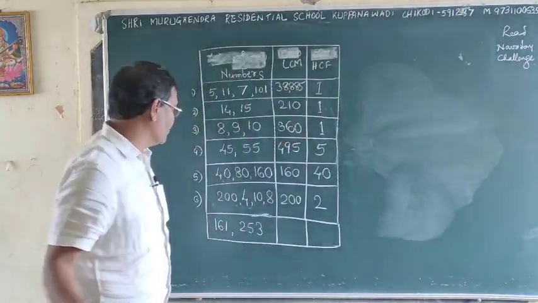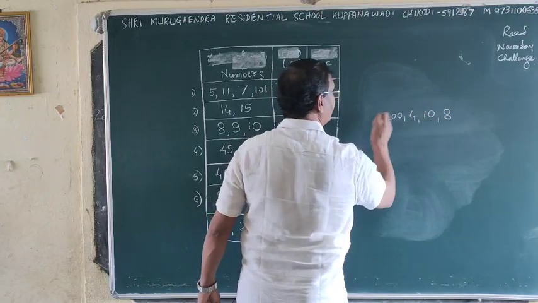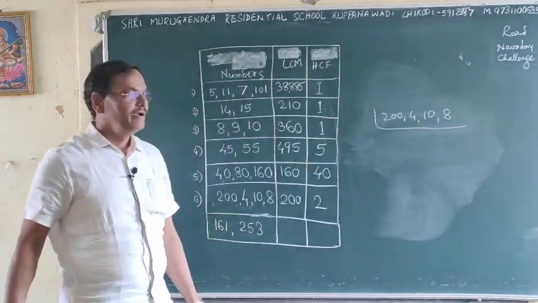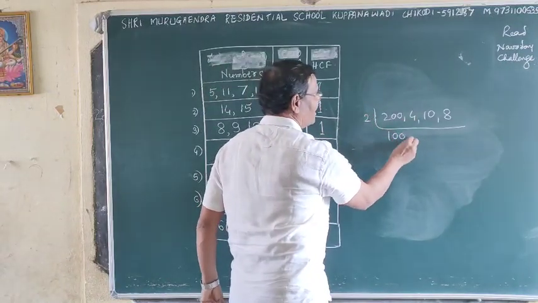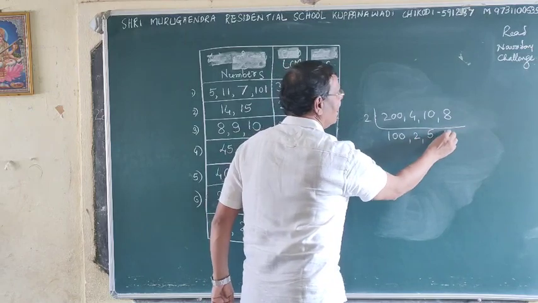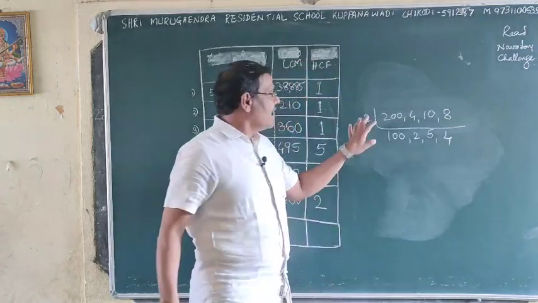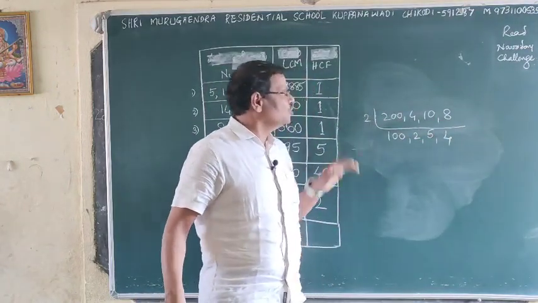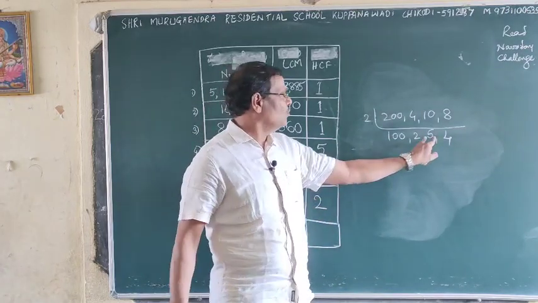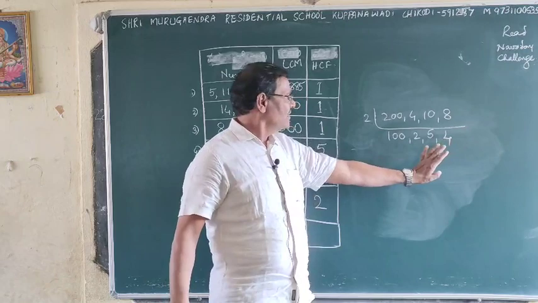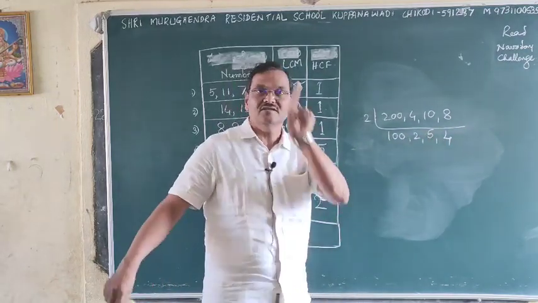See, mouth calculation. 200, 4, 10, 8. See, directly we can't divide it by 4. So 2 hundreds are, 2 twos are, 2 fives are, 2 fours are. All can be divisible by 2. Whereas now there is no common factor here for 100, 2, 5, 4. 100, 2 and 4 are having common factor, whereas 5 stands there.